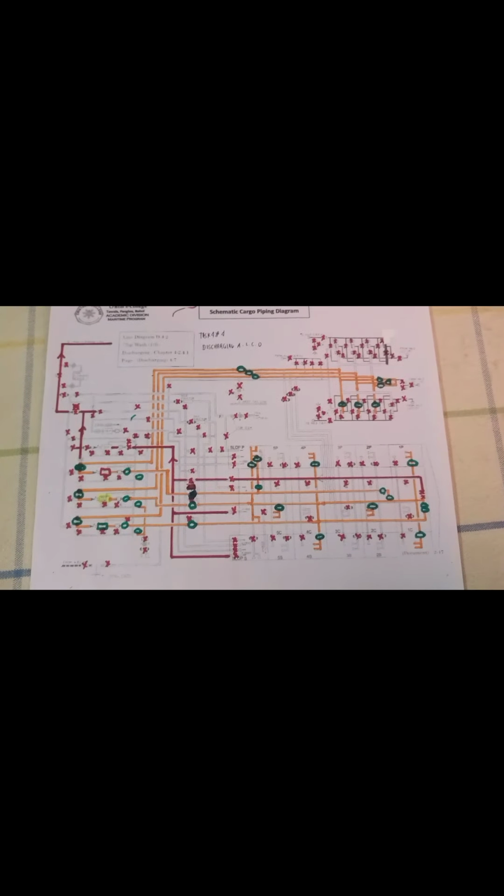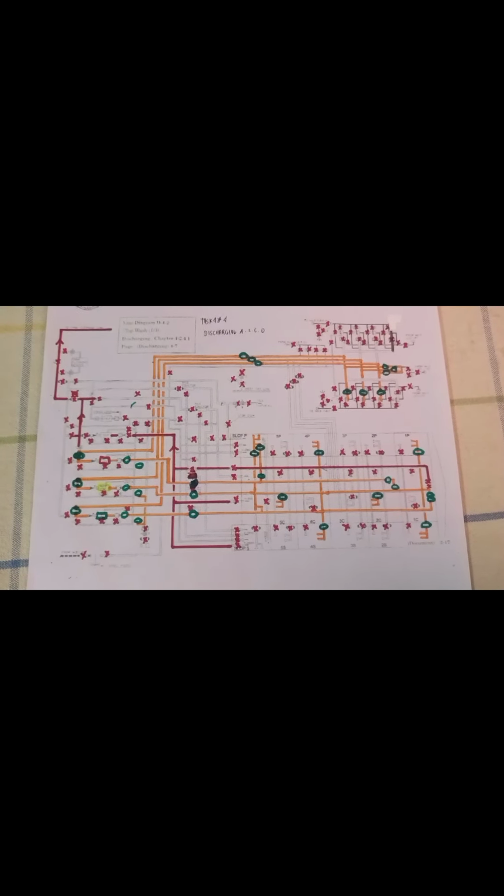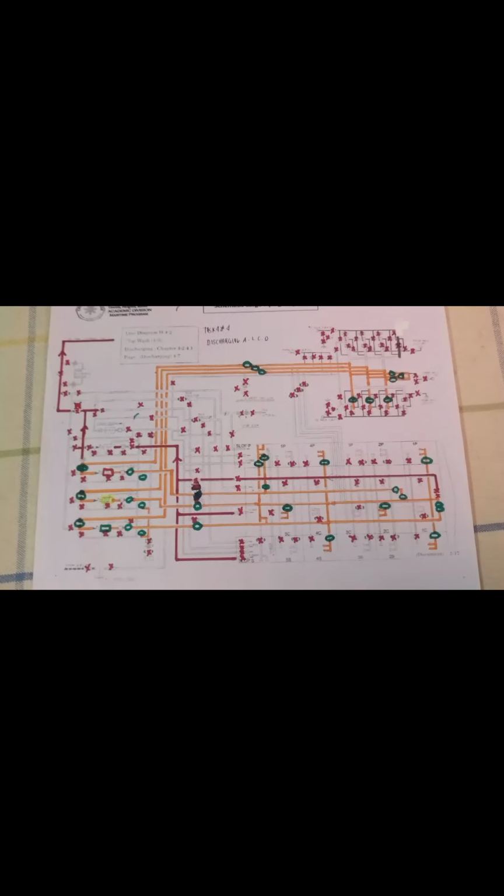And for our task 4, we have discharging ALCO. So from the tank, we can see that we are going to pass the branch line to the bottom lines into the suction lines and into the COP, and we also need to pass delivery lines going to the riser lines and the deck lines.